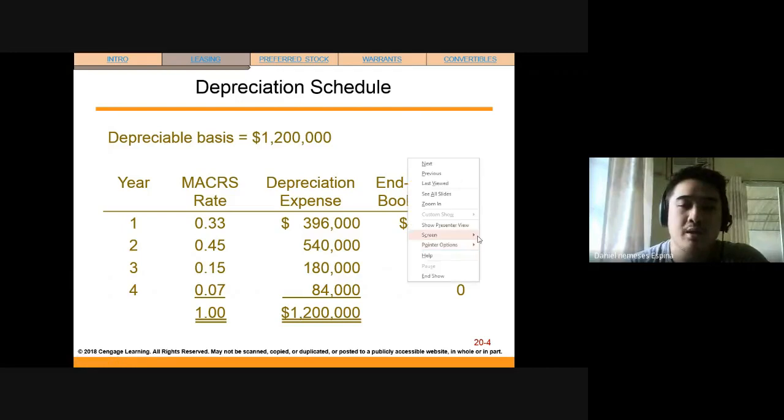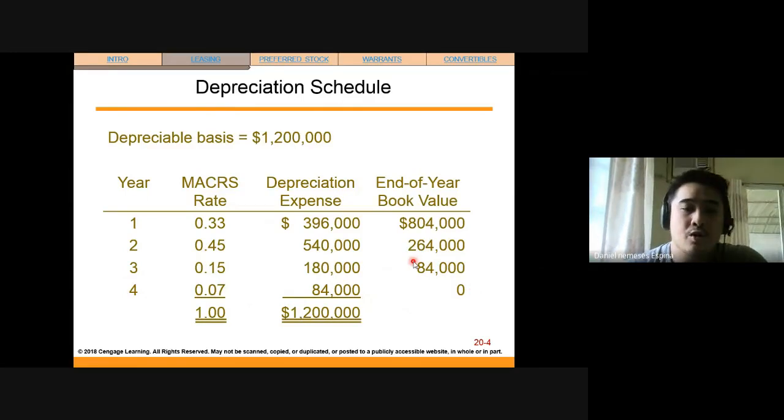And for the third year, using the same method of computing, you have 180,000, and in year 4 you have 84,000. So after year 4, of course, there is no book value.